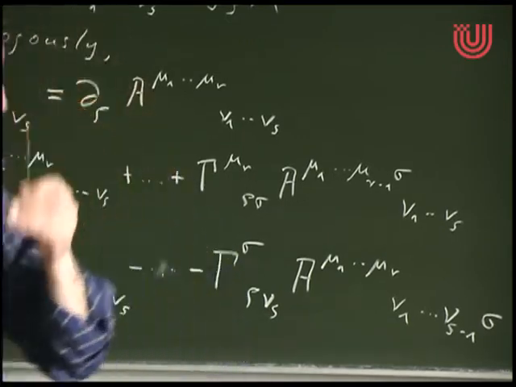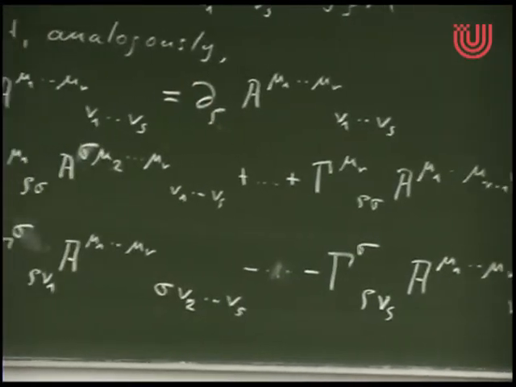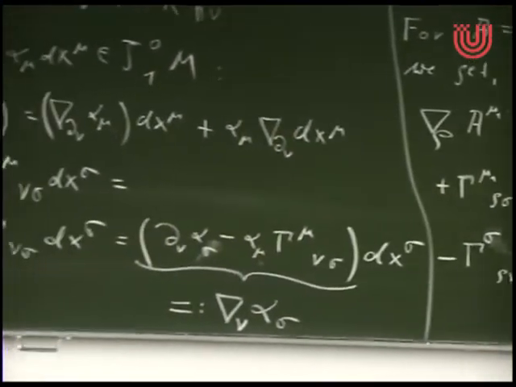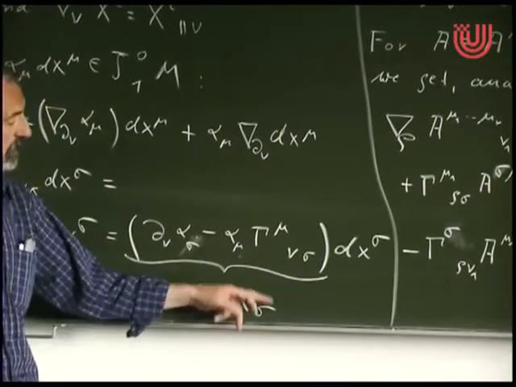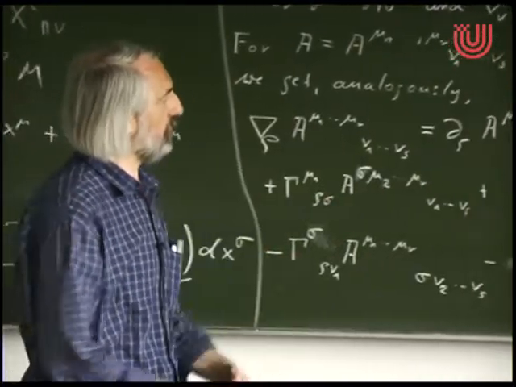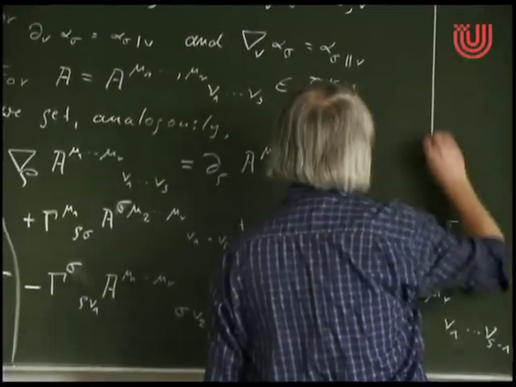So these things, I said this already, transform like the components of a tensor. They have a tensorial transformation behavior, here for covector fields, here for arbitrary rank tensors.